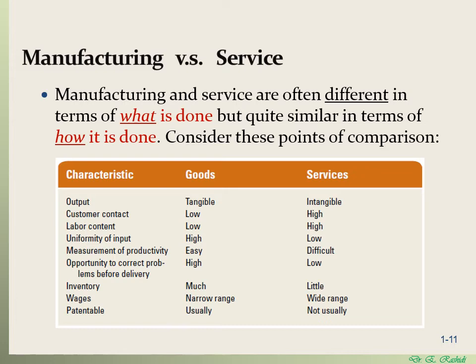On the other hand, for services, the customer has to personally and physically go to the provider of that service. So the customer contact for services is high. In terms of labor content, for goods it is low because goods can be standardized. There doesn't have to be a lot of variety for different kinds of goods.